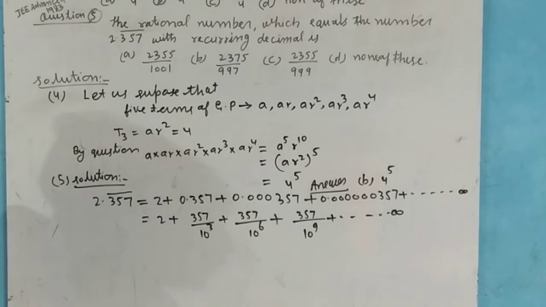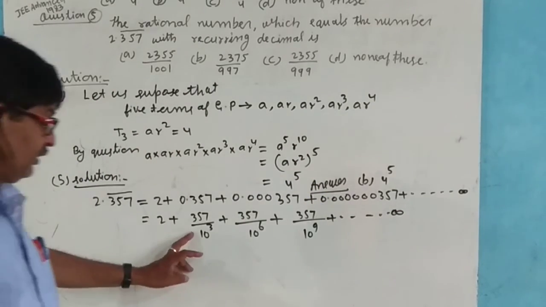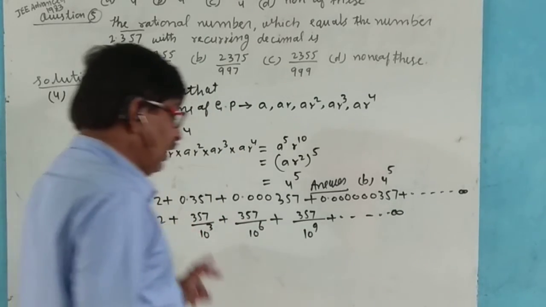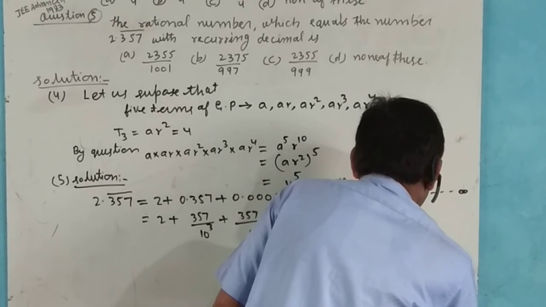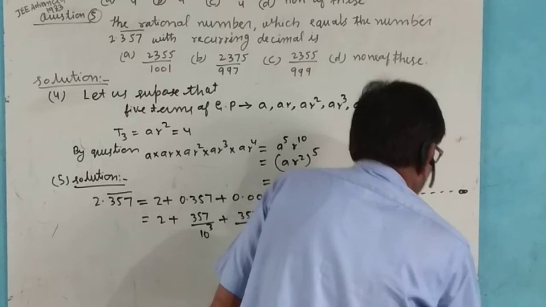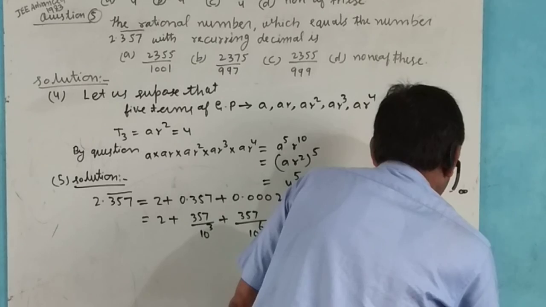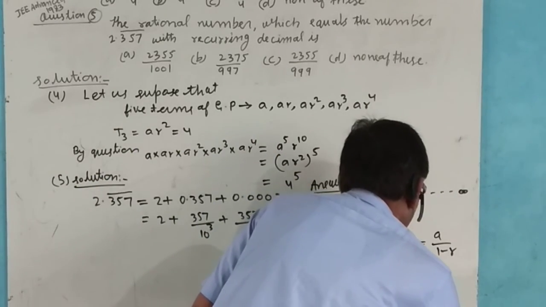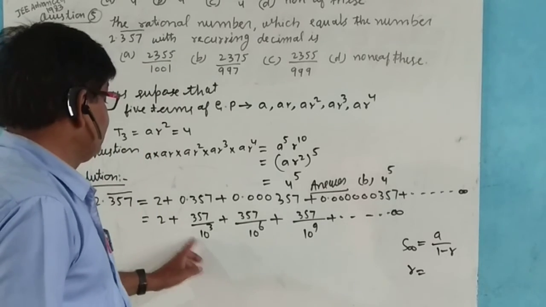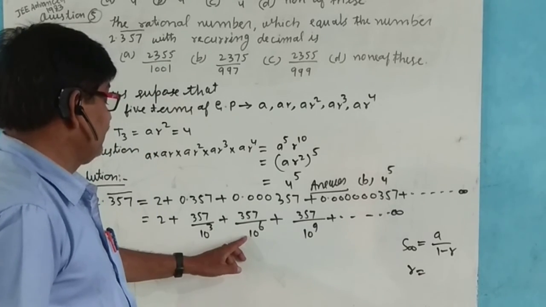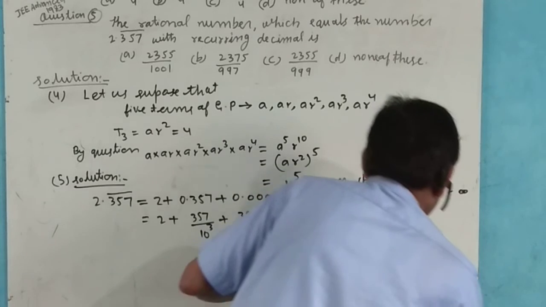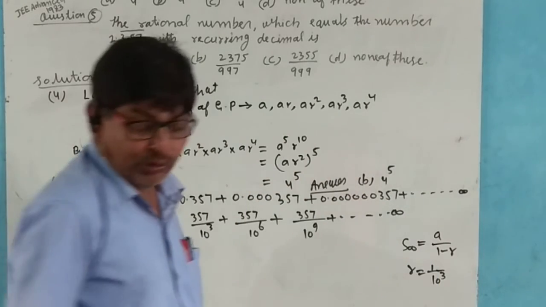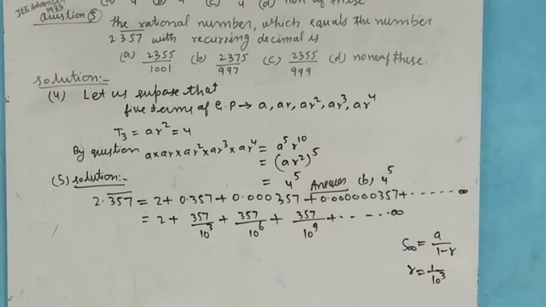Now we apply this is in a GP, and as we know that S infinity equal to a divided by 1 minus r. In this case, r equal to this divided by this, so that 1 by 10 to the power 3. This comes 1 by 10 to the power 3.